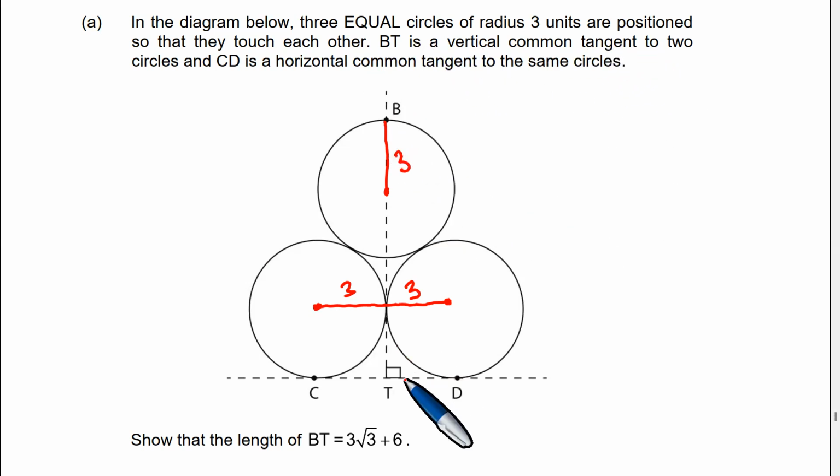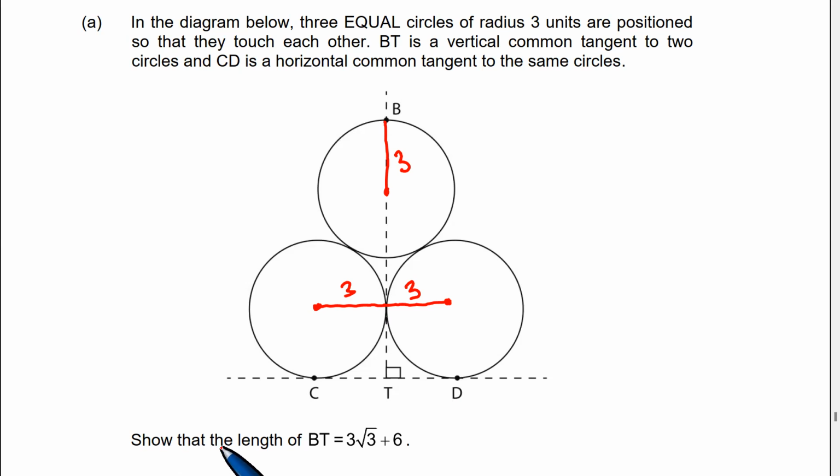This BT is vertical, but it's a common tangent because it is a tangent to both circles at the bottom. And CD is a horizontal common tangent. CD is horizontal, but it's a common tangent to the same circles. So this one is a vertical tangent, and this one is a horizontal tangent.